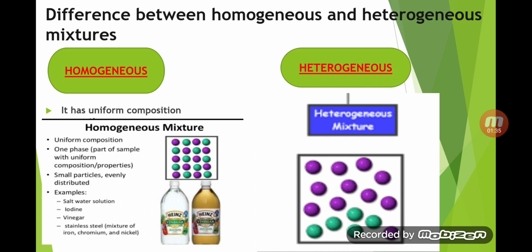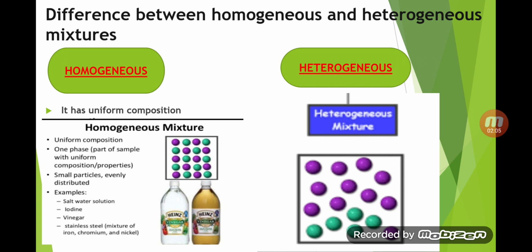In the picture you can see very clearly the blue dots and green dots. They are evenly distributed among themselves, with uniform composition. It means there is no separation boundary. You cannot find out where is the solute and where is the solvent.